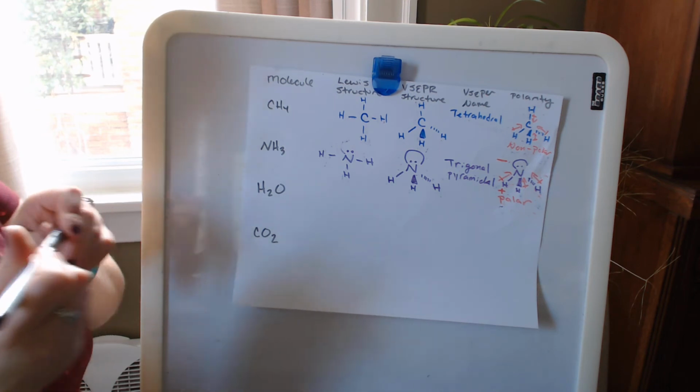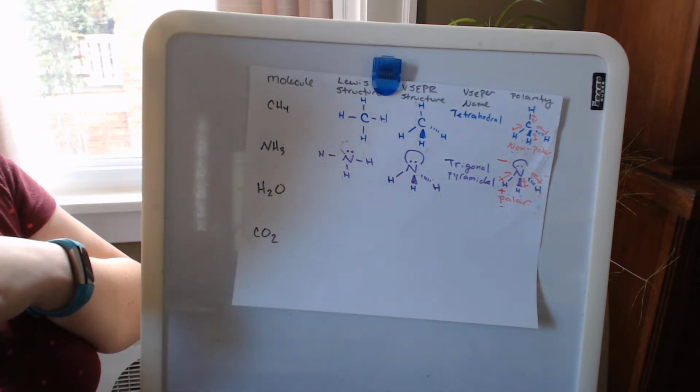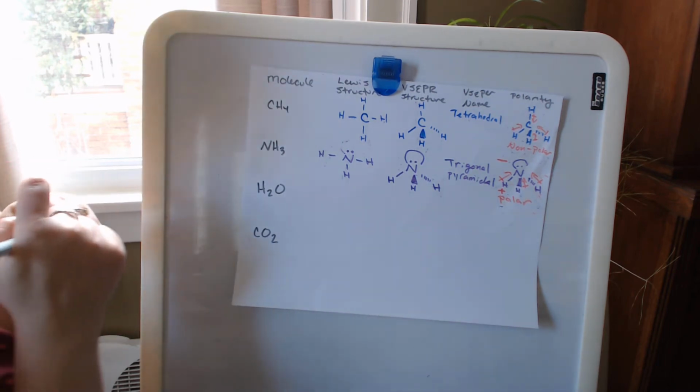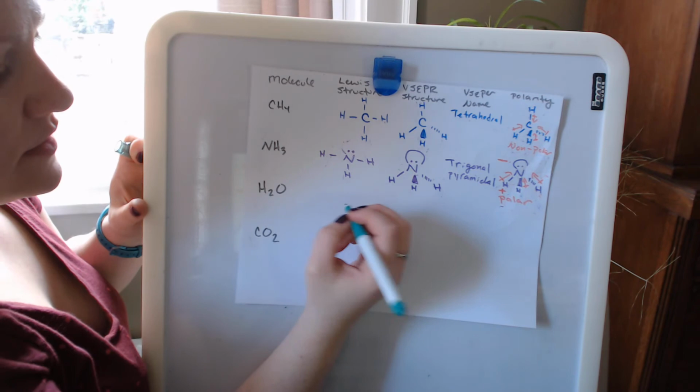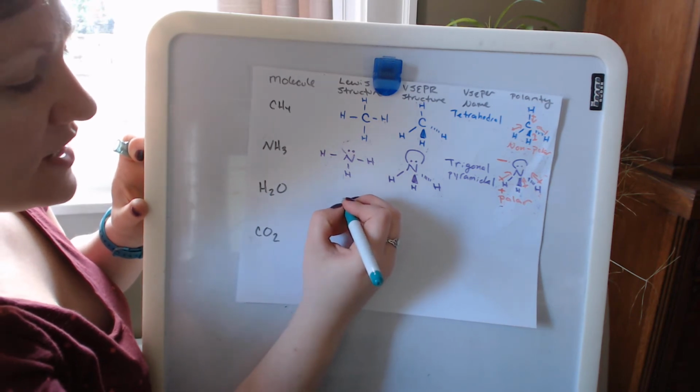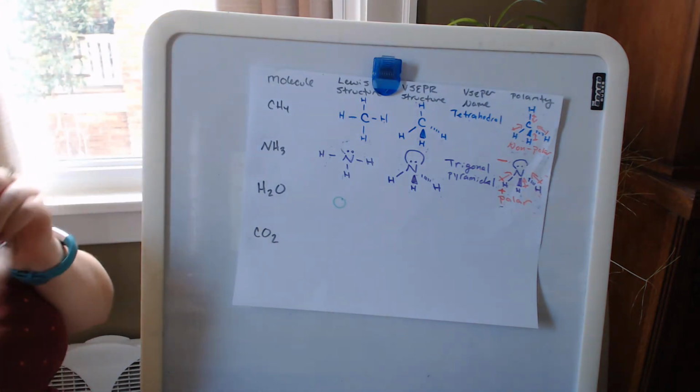Let's take a look at H2O, or water. Okay, so our Lewis structure here, we have oxygen. That's not a good color. Let me switch that here.